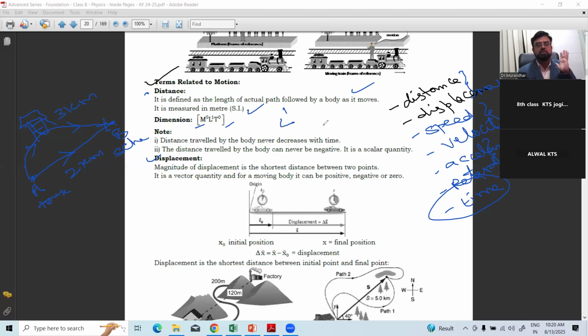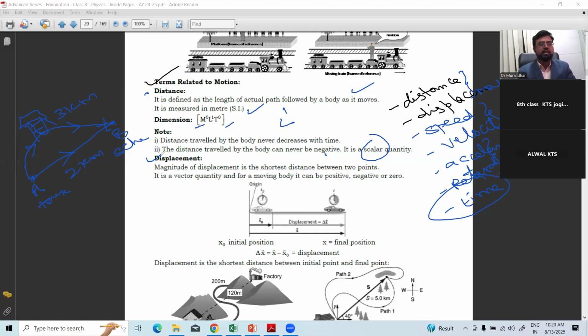Distance is always positive. It is a scalar quantity. Scalar means only magnitude, no direction. As there is no direction for distance, it won't be negative, and it won't decrease with time.